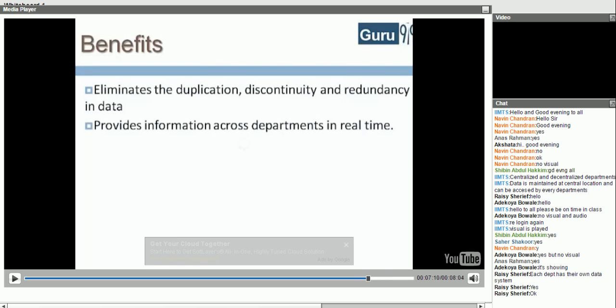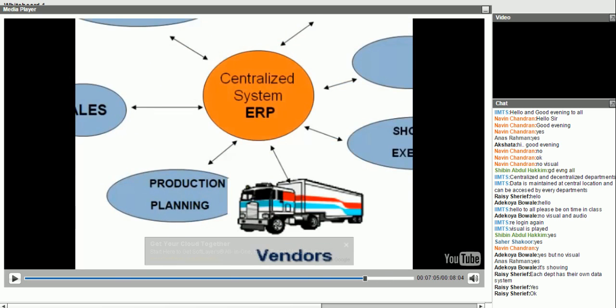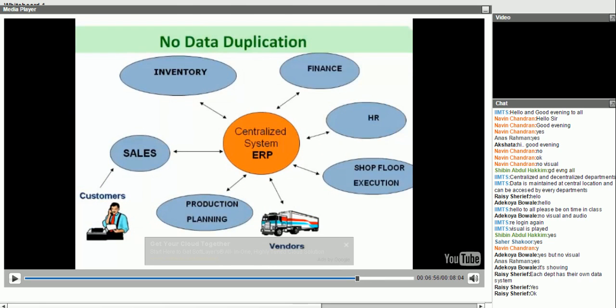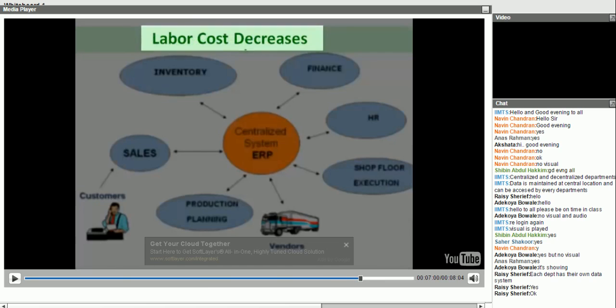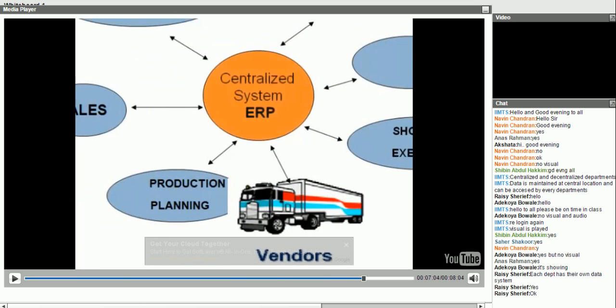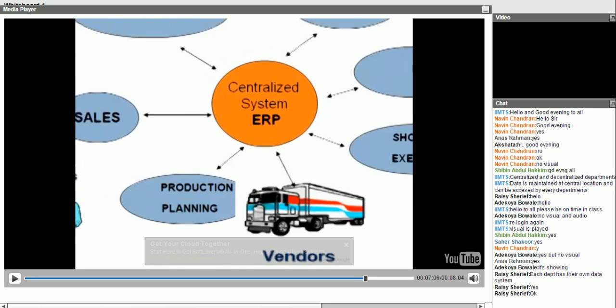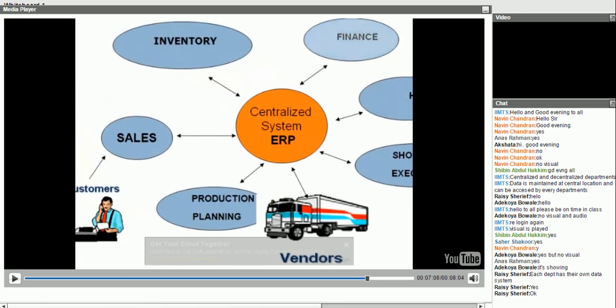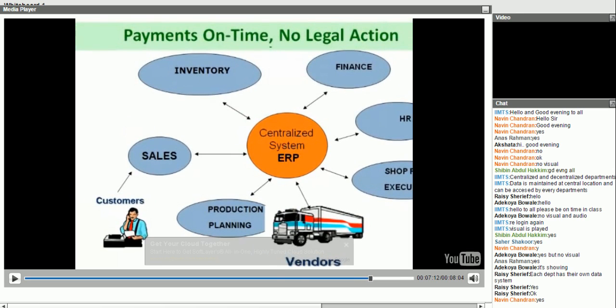Information across the enterprise system can be accessed by the finance department. Vendors can directly submit their invoices, thus payments are made on time and possible legal actions are avoided.